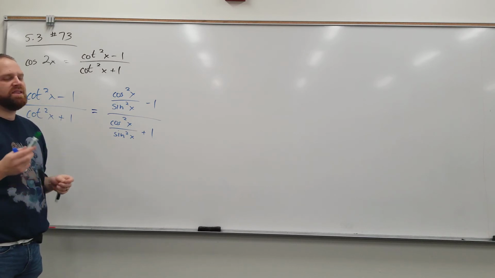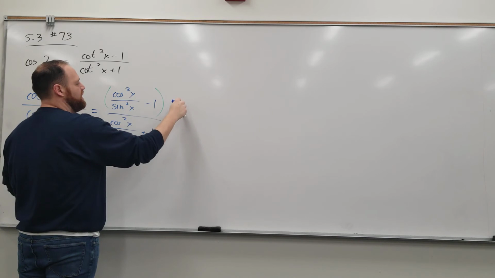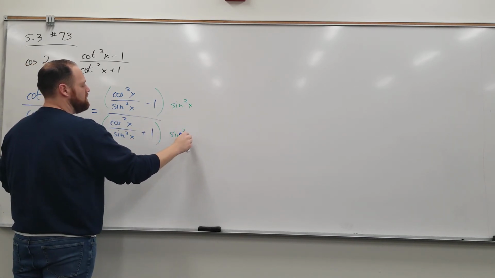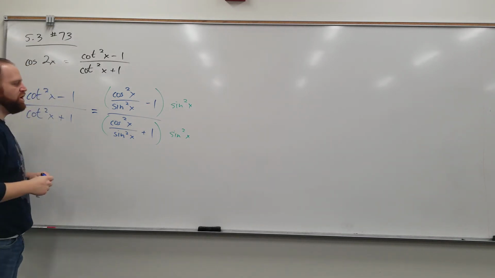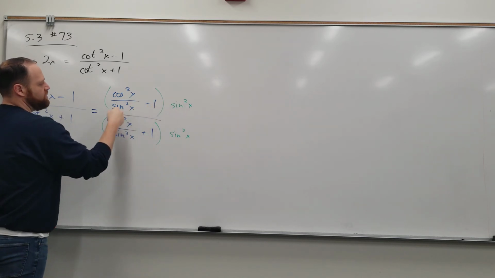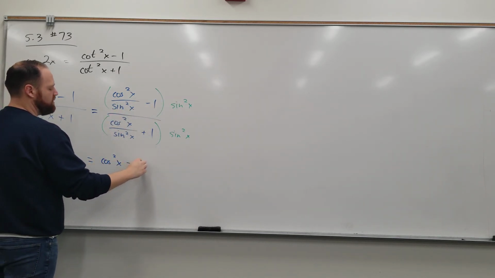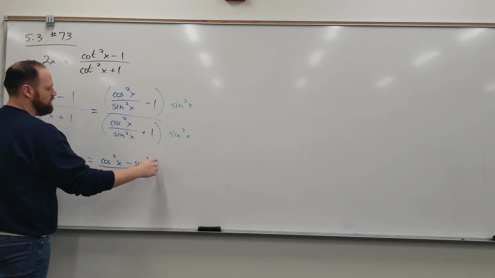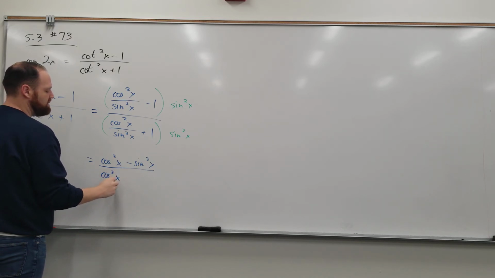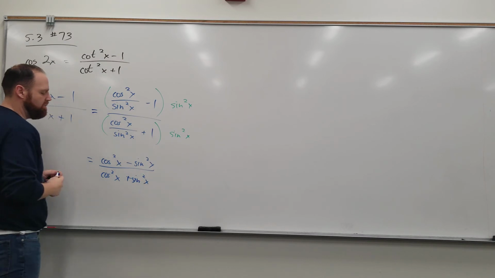Another way to do the same thing that takes fewer steps is to just multiply by sine squared x in the numerator and denominator. Now here the sine squared x will cancel. I'll get cosine squared x minus sine squared x over, here the sine squared will cancel, cosine squared x plus sine squared x.